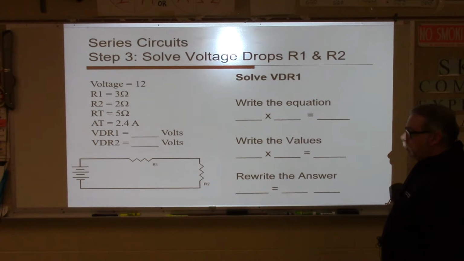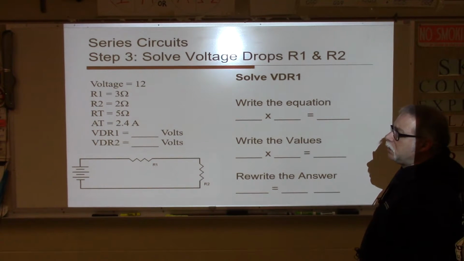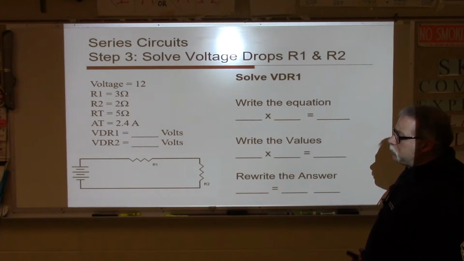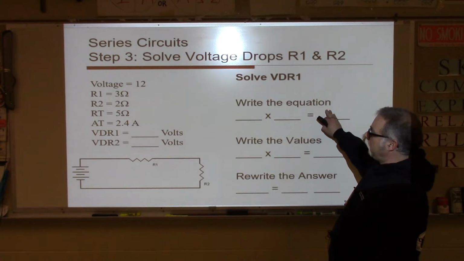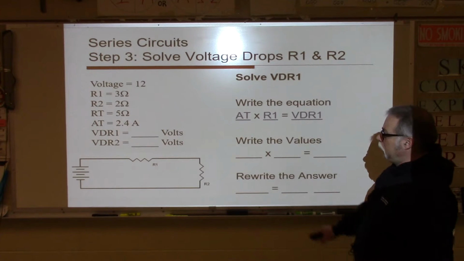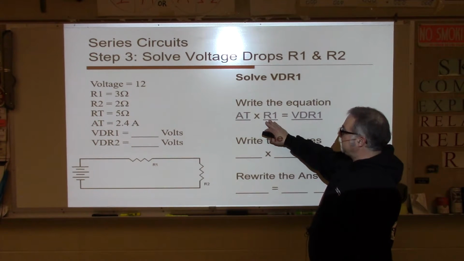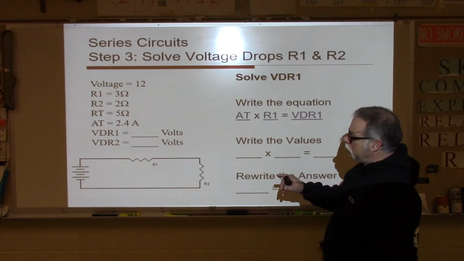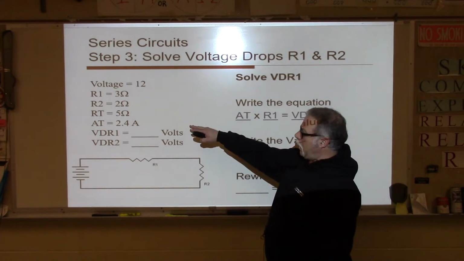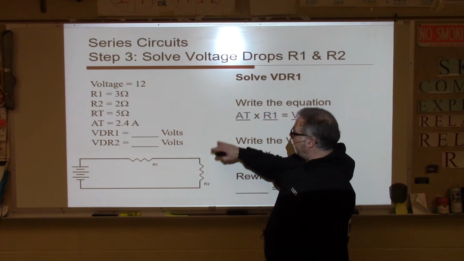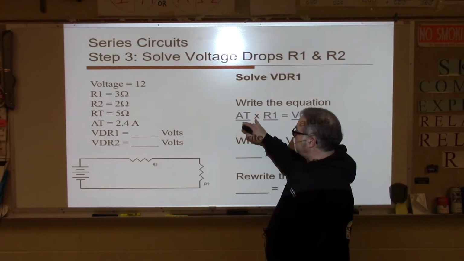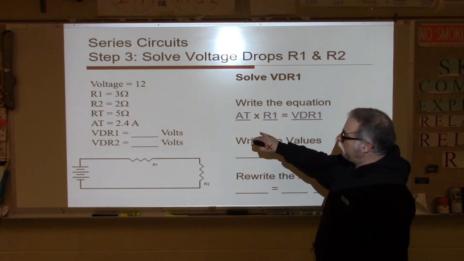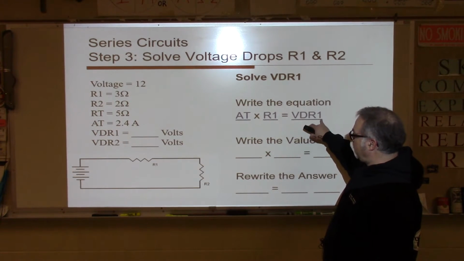To solve the voltage drop at R1, Ohm's law tells us voltage is equal to resistance times amps. So we'll write the equation. We need an amperage, we need a resistance, and we get a voltage. We know the total amperage flowing through the circuit, that's AT, amperage total. And so we'll use AT here times R1 will get us the voltage drop at R1.